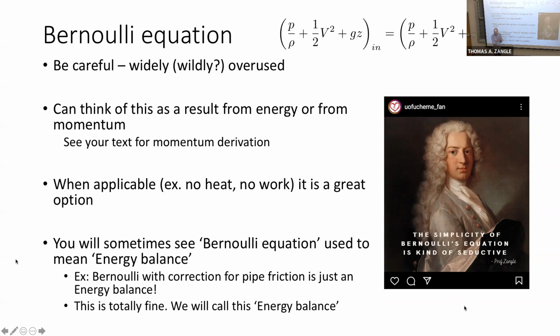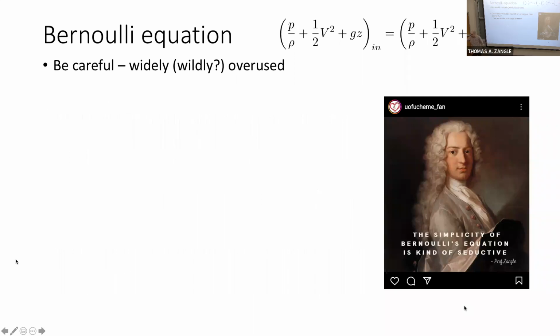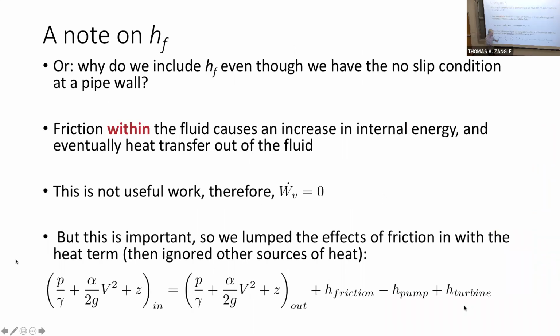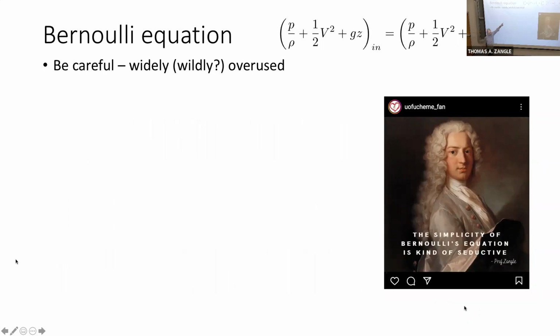In a chemistry-specific fluid textbook, you'll see something called the Bernoulli equation, or maybe the engineering Bernoulli equation, and it will be basically this. You'll see something like this referred to as Bernoulli. That's okay, but in this class, when we say Bernoulli equation, this is what we mean.